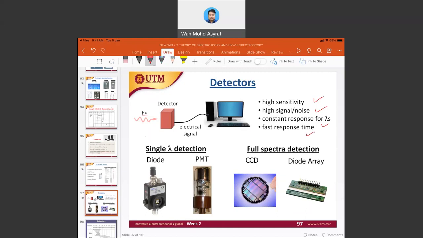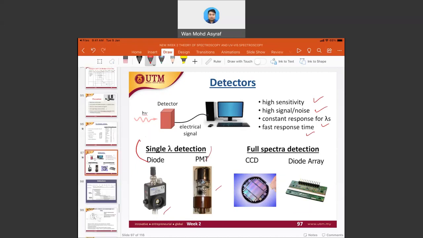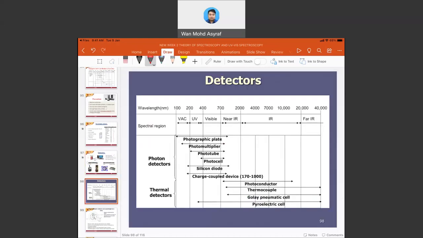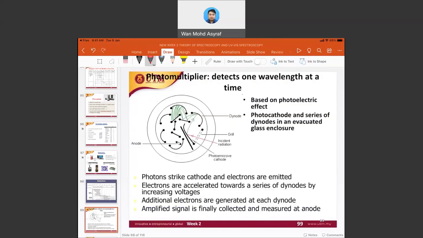If it is just a single wavelength selector, usually we use a diode and a photomultiplier tube. The first detector we are going to look at is the photomultiplier tube, which detects one wavelength at a time.